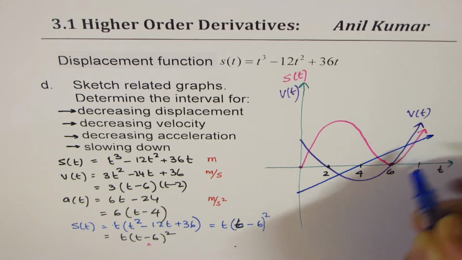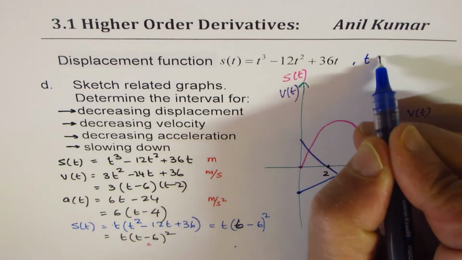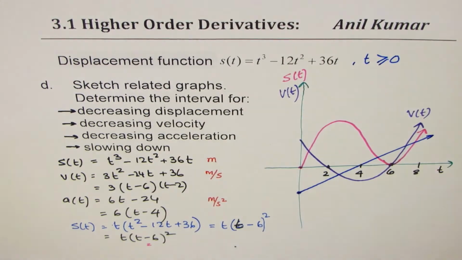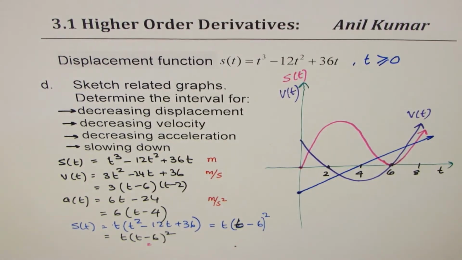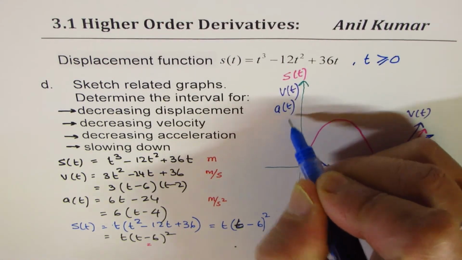Here we are just assuming t is greater than or equal to 0, as it is for most of the applications we deal with displacement, velocity, and acceleration. Perfect. So here we are with the third curve, acceleration.